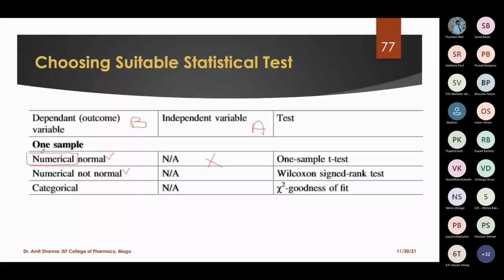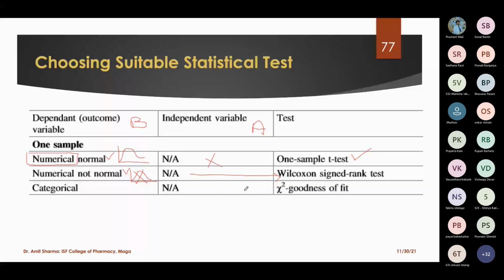You can go for the one sample t-test. That means here you have got a bell-shaped curve, and here you didn't get the bell-shaped curve. So the test is going to change. That time the test will be the Wilcoxon signed rank test. Clear?